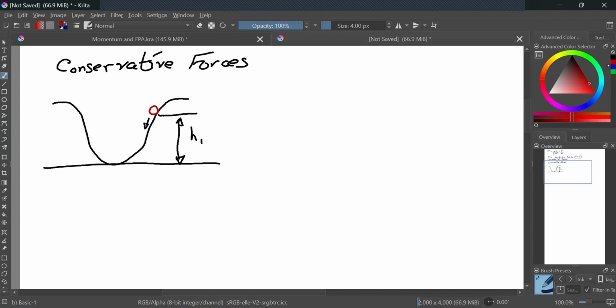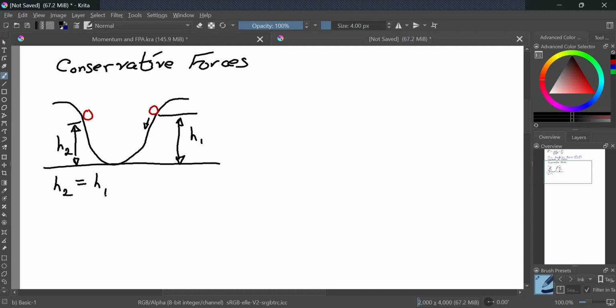The ball will roll down to the bottom of the valley, come back up, and come to a stop. At that moment, at height h2, without anything else interfering with it, just gravity, you will see that its secondary height is the same as its starting height.